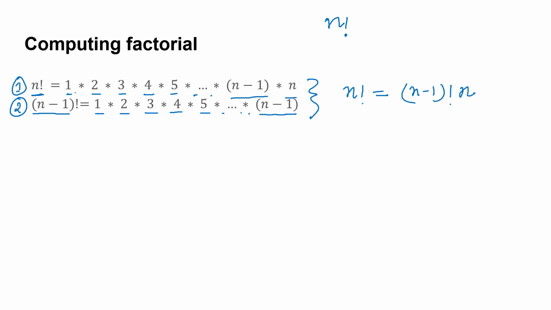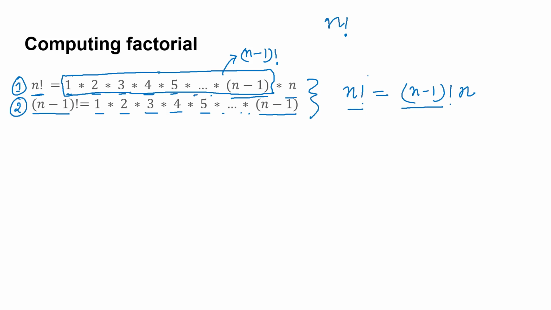If in n factorial you pay attention to these multiplications, 1 multiplied by 2 multiplied by 3, 4, so on till n minus 1, then these initial terms are computing n minus 1 factorial only. So we can express n factorial in terms of n minus 1 factorial.